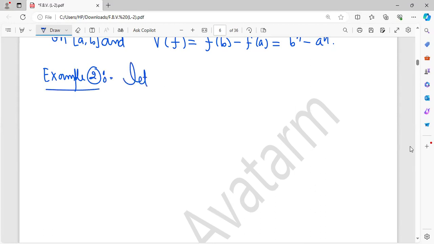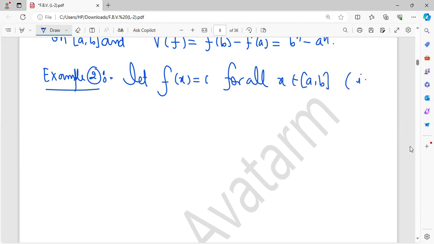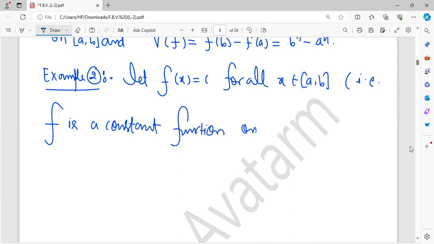Let f(x) is equal to c for all x belongs to [a, b]. Okay. It means f is a constant function on [a, b].